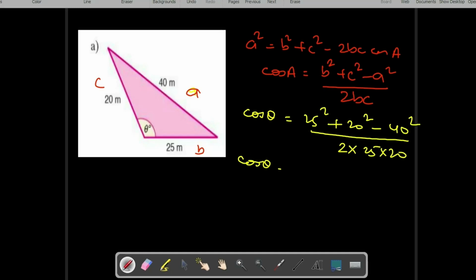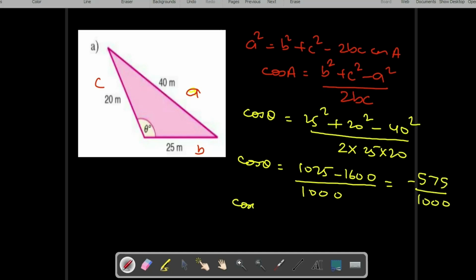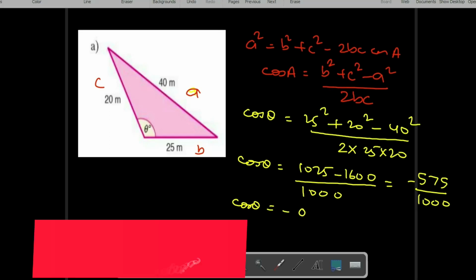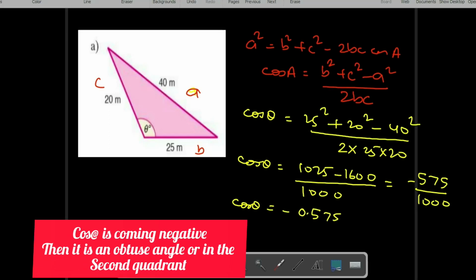So 25 square and 20 square give 1025, minus 1600, upon, multiplying this, 25 into 2 is 50, 50 into 20 is 1000. So it is going to be minus 575 upon 1000, and cos theta equals minus 0.575.